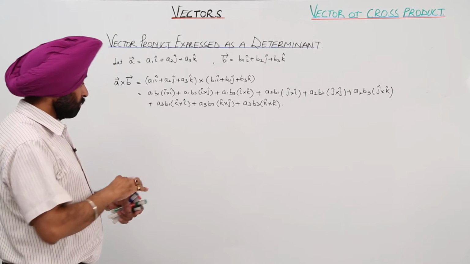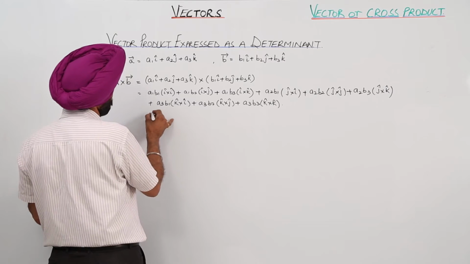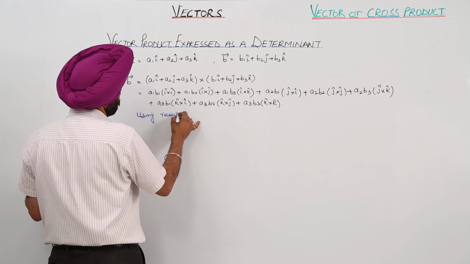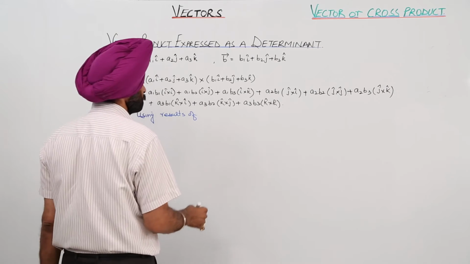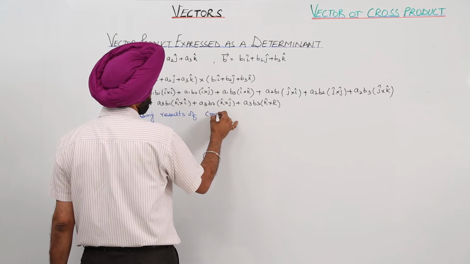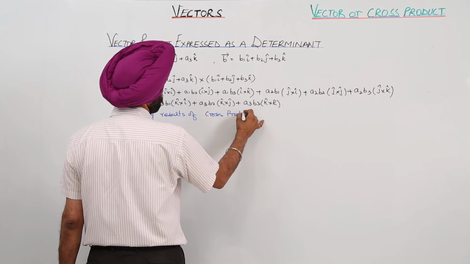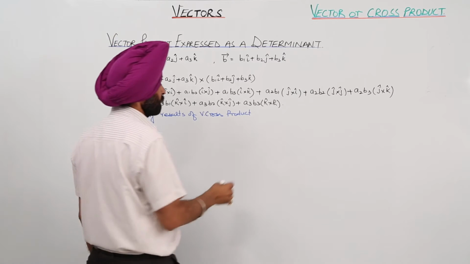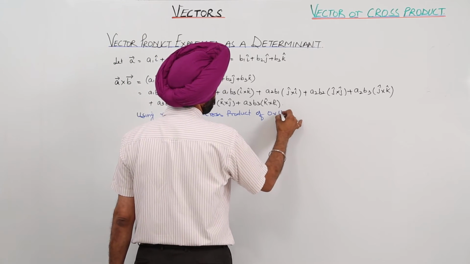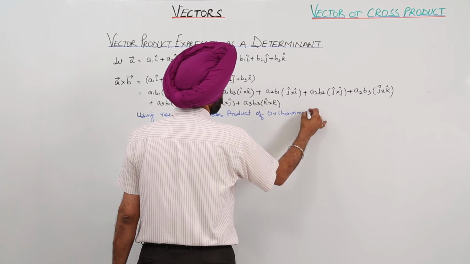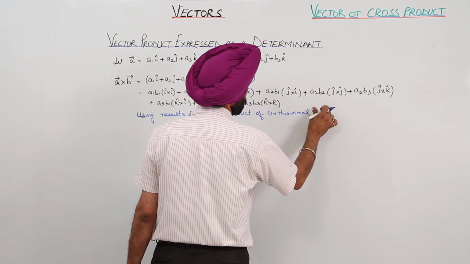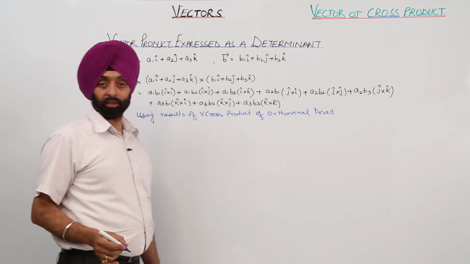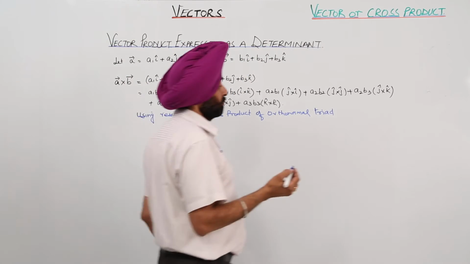Okay, now using results of vector cross product of the orthonormal triad of unit vectors i, j and k. Now what did we have there?